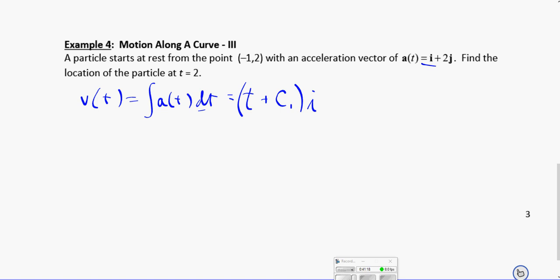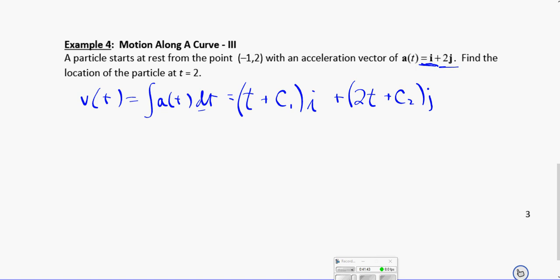And there's the horizontal component of the velocity vector. I just integrated 1i. Plus, now I've got to integrate 2j. When I integrate 2j with respect to t, it's 2t plus c2 times vector j.